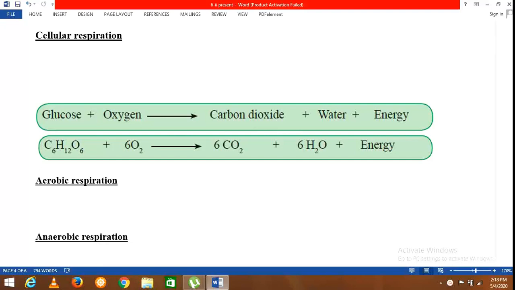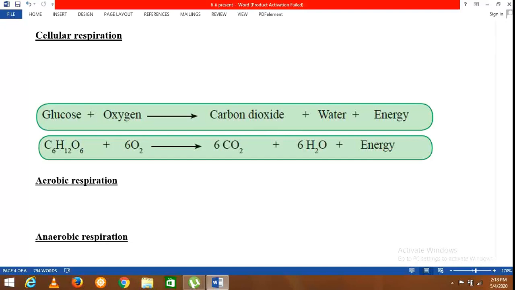So simply, during cellular respiration, the nutrients which are absorbed into the bloodstream, or the digestive end products which are absorbed into blood, react with oxygen in order to produce energy which is stored in ATP.